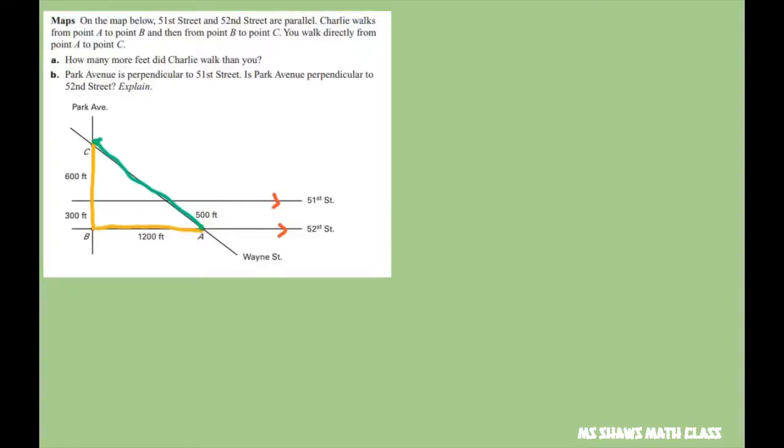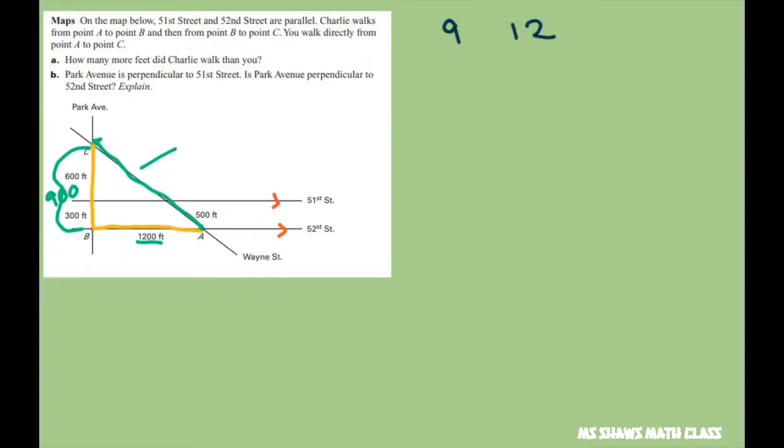So what we have is this length here is 900 feet total. This is 1,200 feet, and we need to know this right here. If you look at the proportions, you take away the zeros, you have 9 and 12.